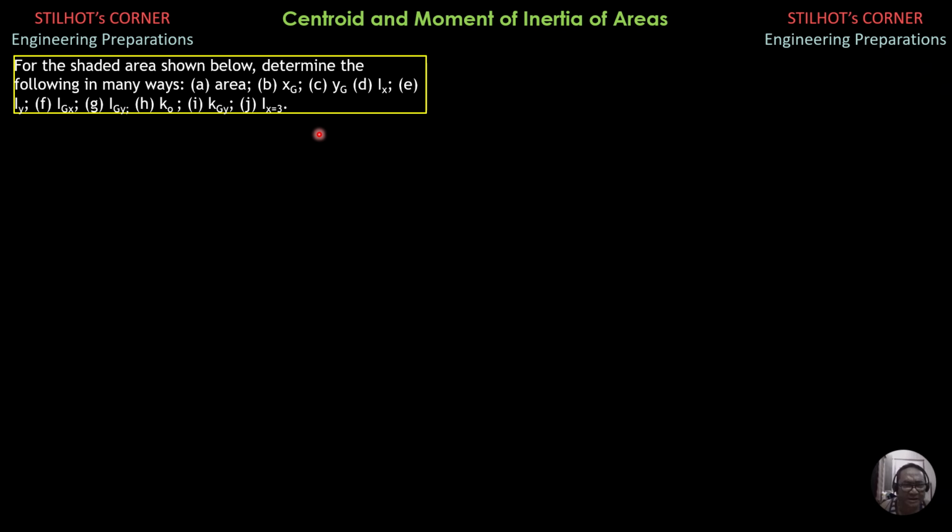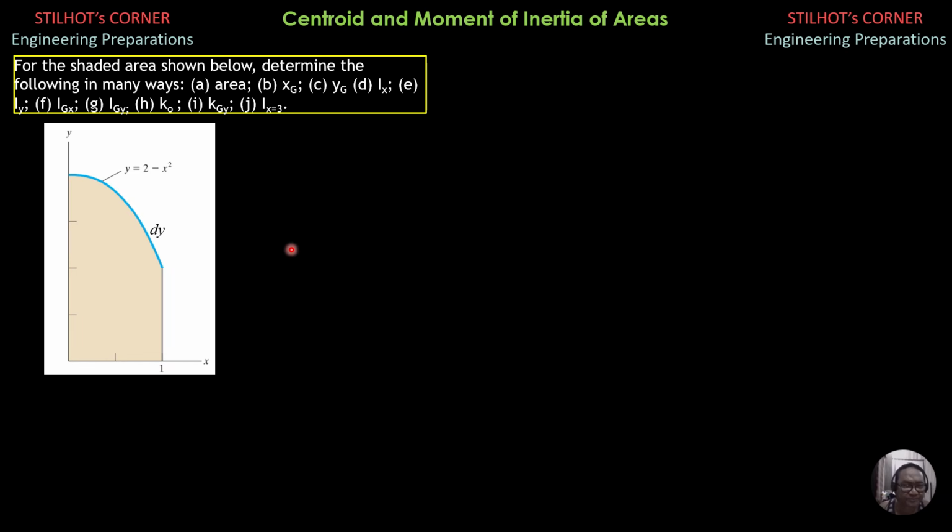Letter D, moment of inertia of area with respect to the x-axis, moment of inertia of area with respect to the y-axis, centroidal moment of inertia with respect to the x, centroidal moment of inertia with respect to the y, the radius of gyration with respect to the origin, radius of gyration with respect to the centroidal y-axis, and the moment of inertia of area with respect to the line, that's vertical line x equals 3.